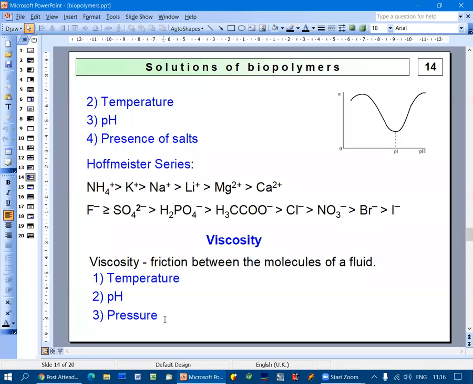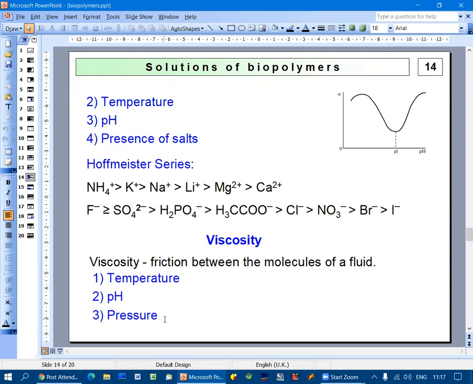When you increase the external pressure a little bit, the molecules of polymers will be oriented along the stream, and it will decrease a little bit the friction between layers of this moving fluid. So the viscosity will decrease at first.